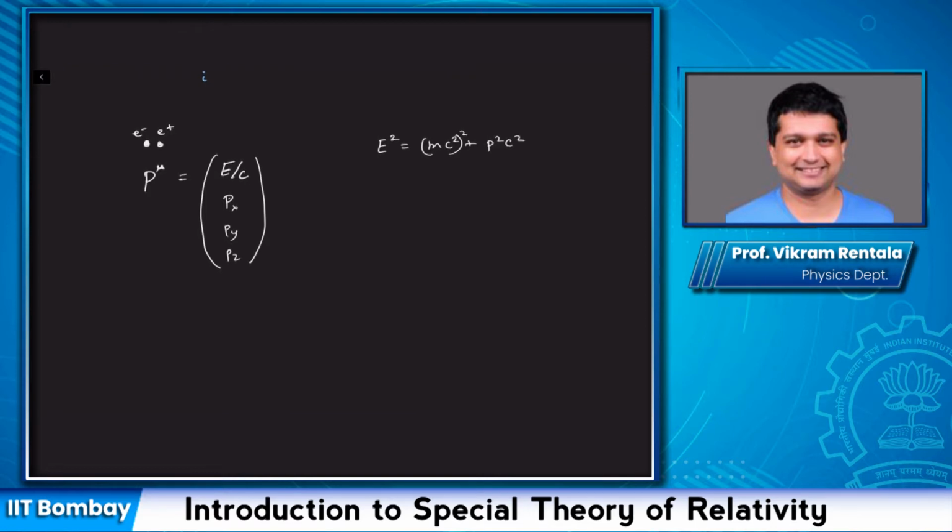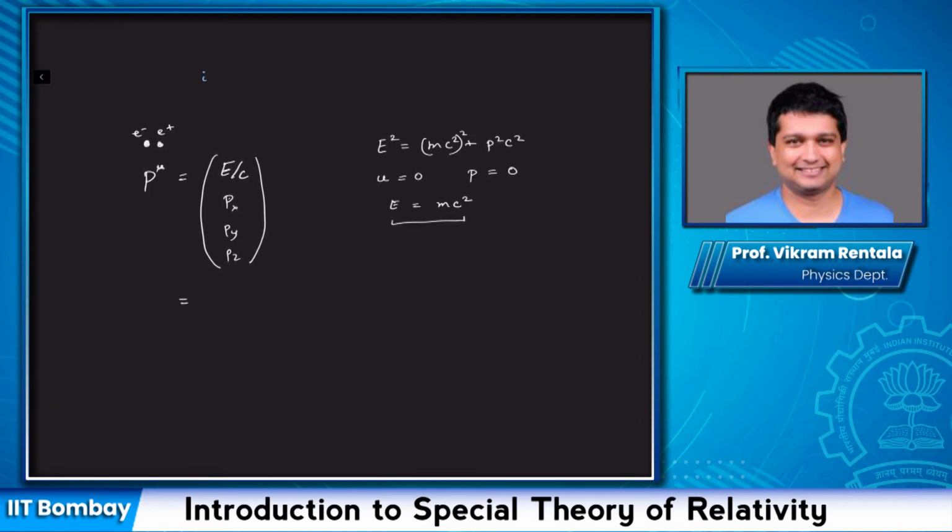Now, if the electron and positron are at rest, the velocities are 0, and that means the momenta are 0. So the energy is purely due to rest mass energy, so E is mc², and px, py, pz are 0.